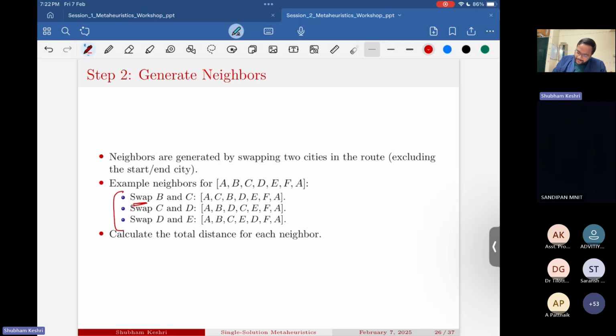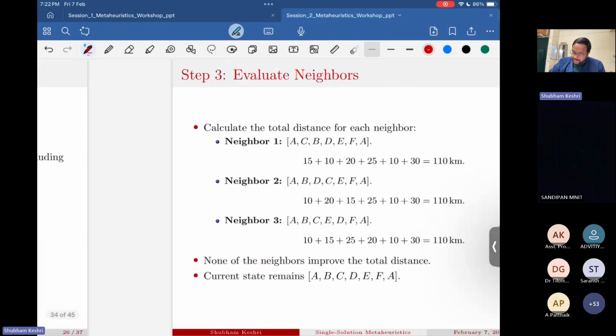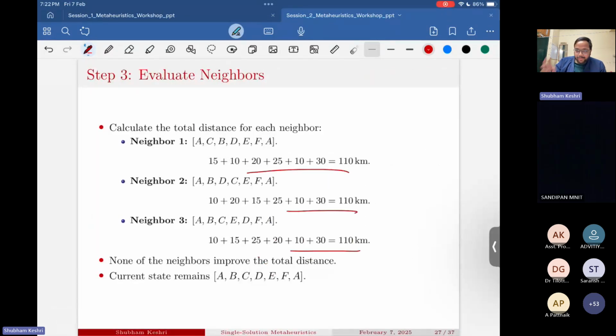I have only given 3. You should exhaust it. This example is not actually accurate. You should create all possible neighbors of the current solution. I have only written 3, so this is not appropriate. So create all the neighbors of this solution, search the neighborhood, move to that solution.